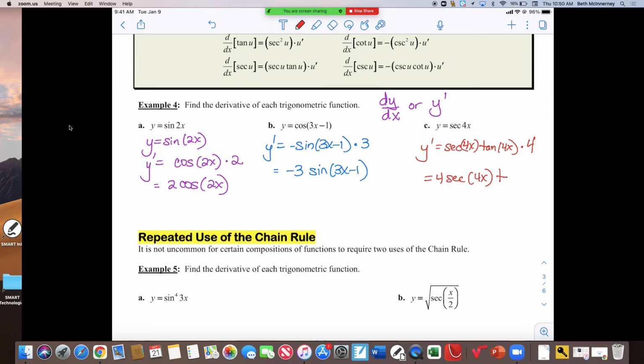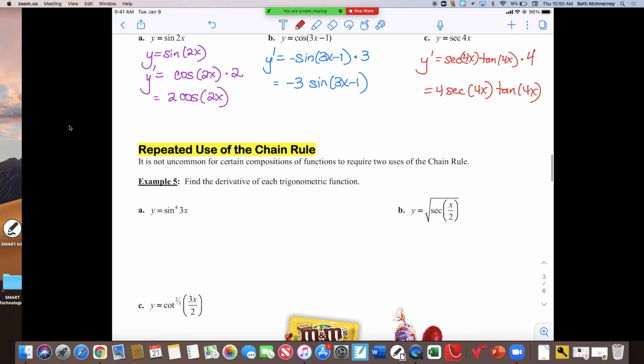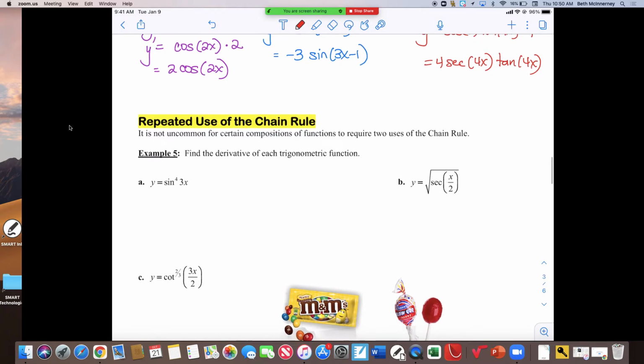Okay, so now we're going to get through example 5 and halfway through example 6. It's not uncommon for certain compositions of functions to require 2 uses of the chain rule. So this is why some AP Calc teachers use peanut M&Ms or the Charms Blow Pop.